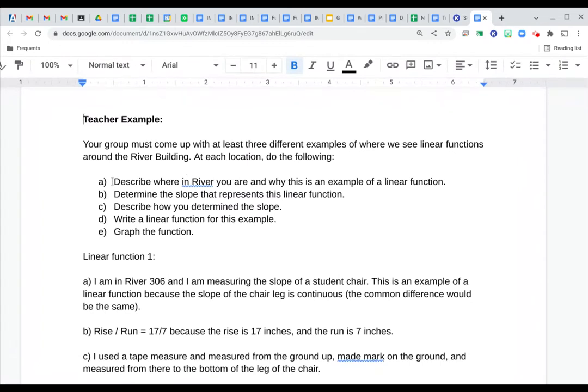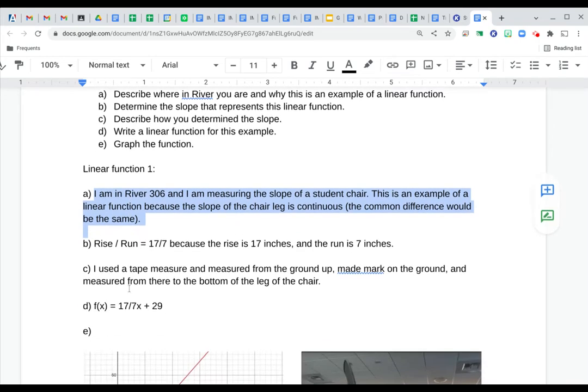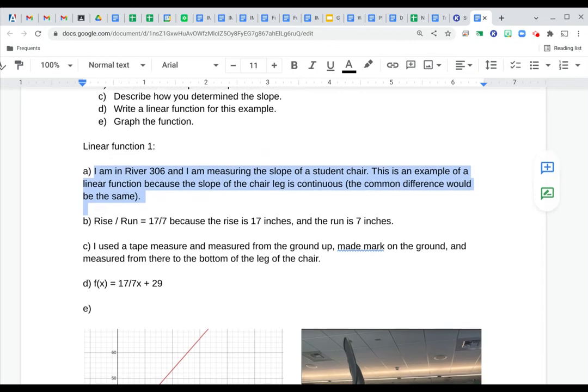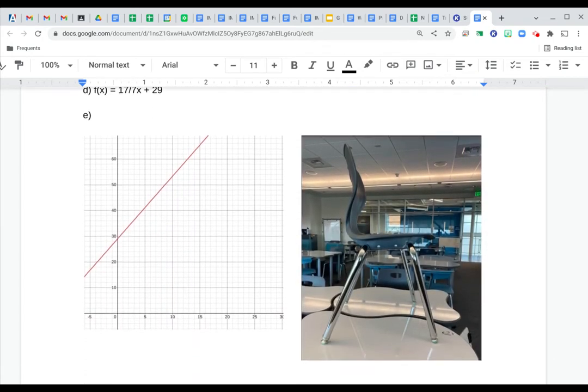But for each of the 3 linear functions that they found in the river building, they first had to describe where in river they were and why it's an example of a linear function. And what I said is, I'm in river 306, and I'm measuring the slope of a student chair. This is an example of a linear function because the slope of the chair leg is continuous, meaning the common difference would be the same.